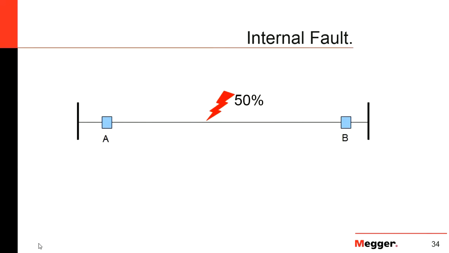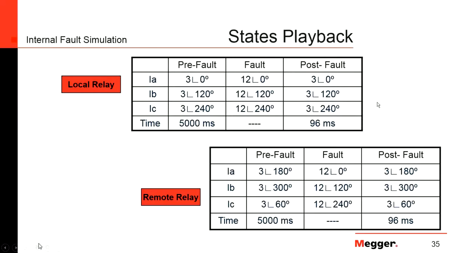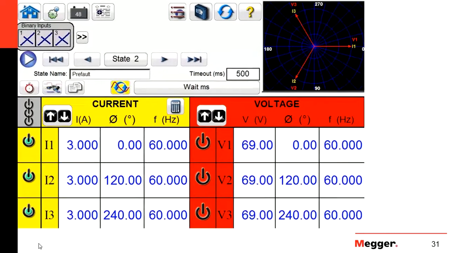We could, following the philosophy that we talked about before, first an external fault, then an internal fault, simulate an internal fault at 50% of the line, and for that we just create the appropriate states in the previous fault.